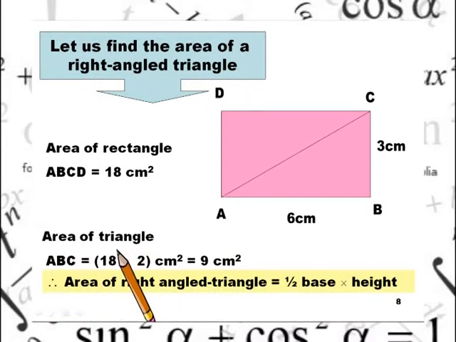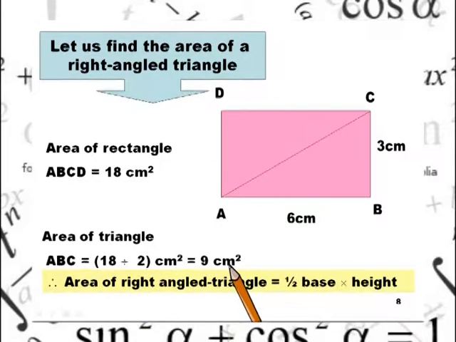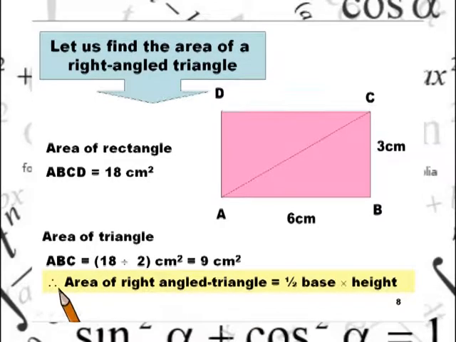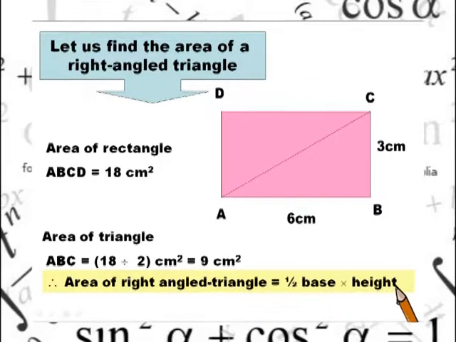Area of triangle ABC is equal to 18 divided by 2 cm squared, which is equal to 9 cm squared. Therefore, area of a right angle triangle is equal to half base times height.